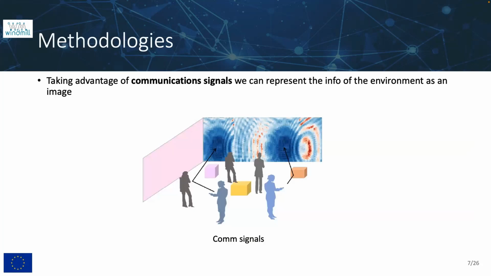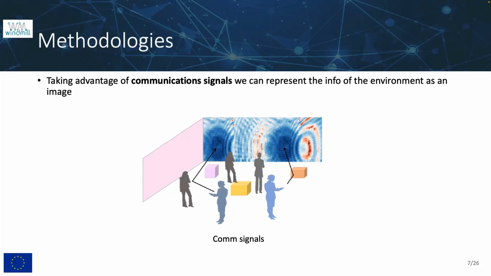Here is a schematic representation of what we mean by sensing. Let's imagine that we have some signals occurring in the environment. For example, these women are using their smartphones. We could think of routers, smartphones, laptops, and so on. These signals travel through the air, into obstacles, other people, and so on.